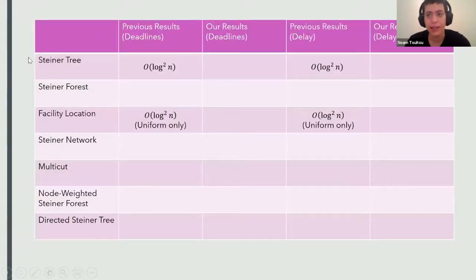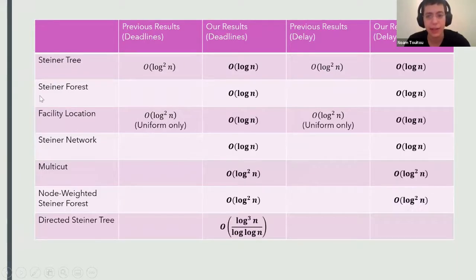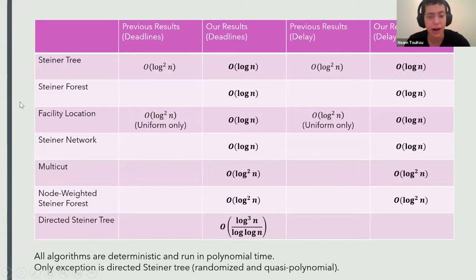So to summarize these results, we have here various network design problems and the existing results for those problems, and these are the ones we obtain in our paper. These are all polylogarithmic guarantees which are deterministic and run in polynomial time, with a single exception here.